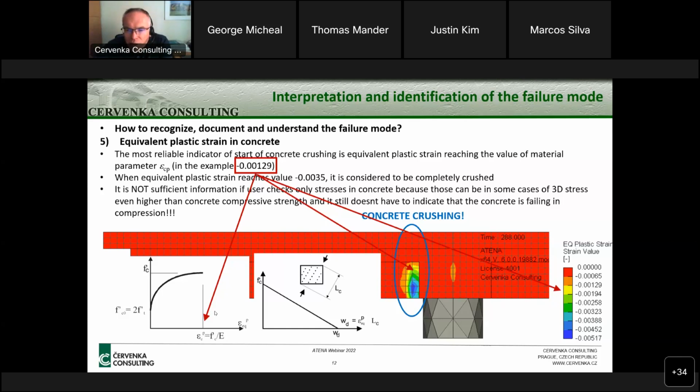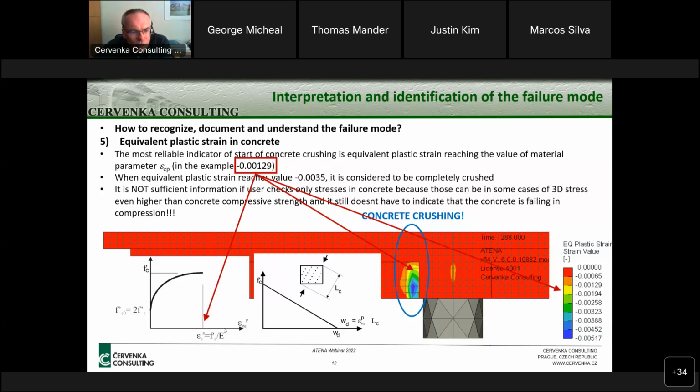If we see that these equivalent plastic strains are above this epsilon CP, so let's say in this model epsilon CP has this value, then whatever is between yellow and blue is after it.